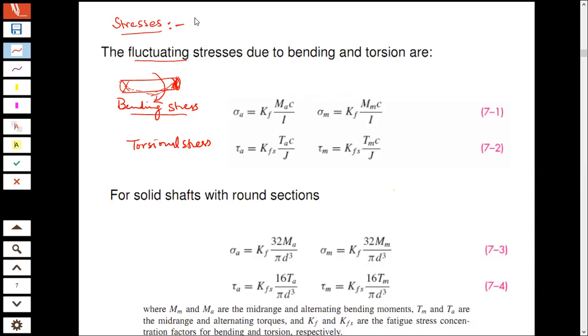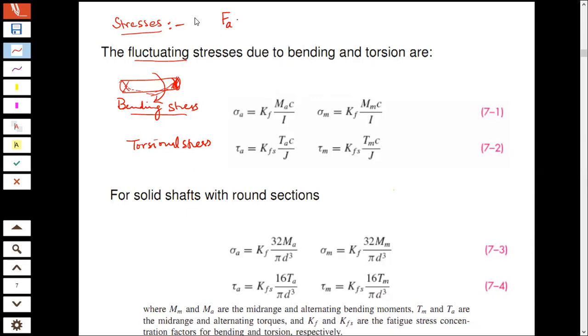Now, when we have cyclic loads, we know that we have two kinds of forces that we talk about. One is the mid-range force, and the other one is the alternating force.